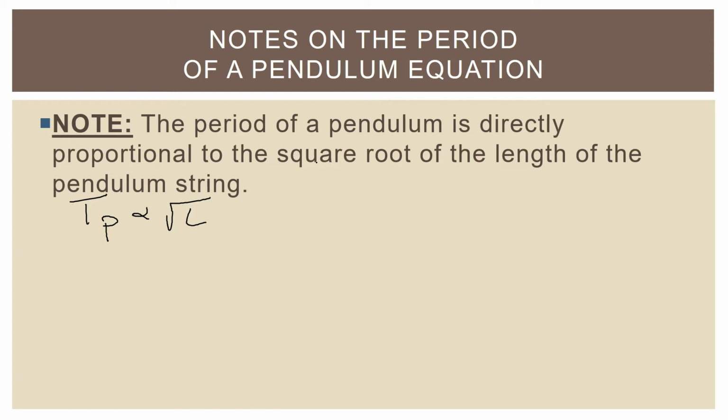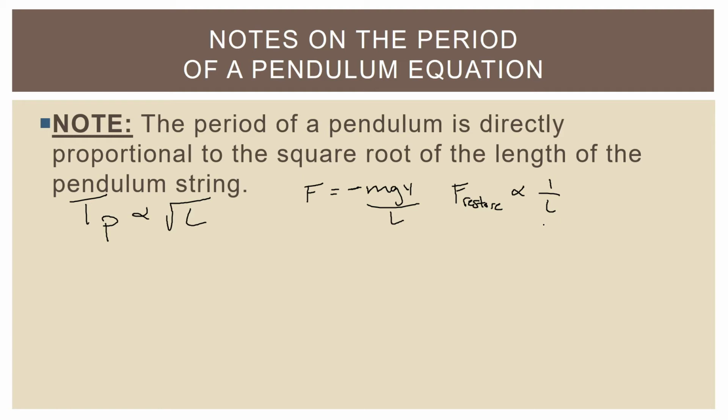So if you look at the structure of the restoring force equation, we have negative mgy over L. And so basically what we're saying is the restoring force, I'll just write F restore here, is inversely proportional to the length. And so hopefully by realizing that, you can see the logic a little bit here.